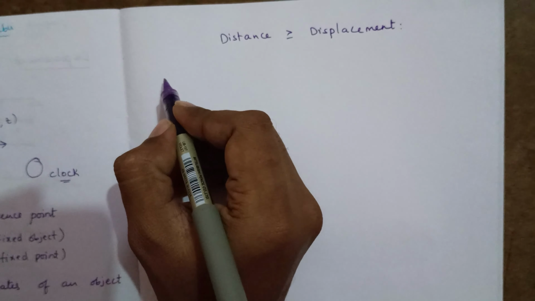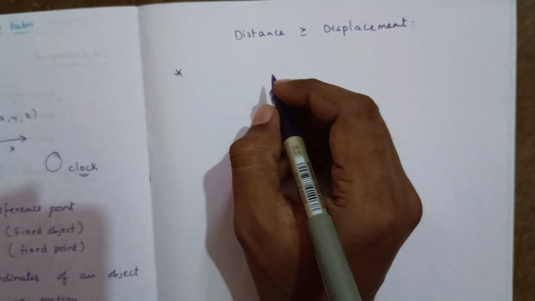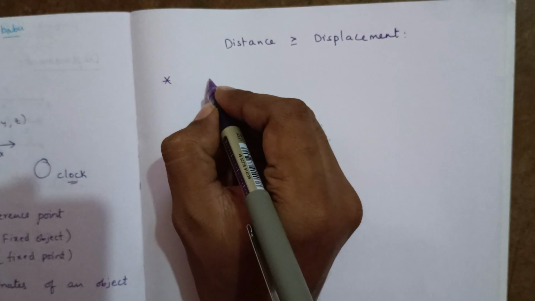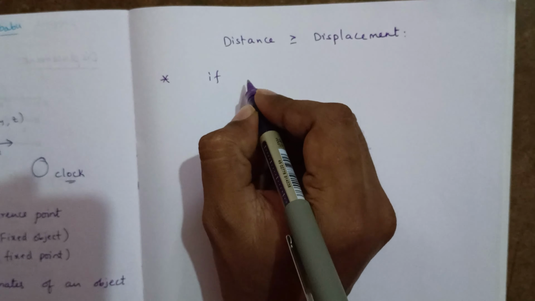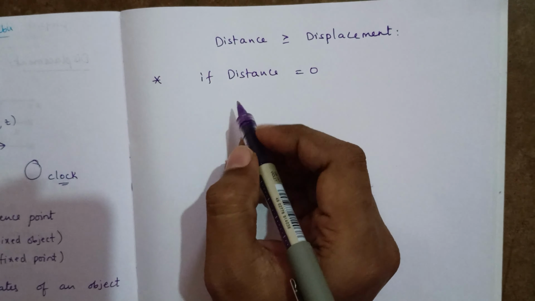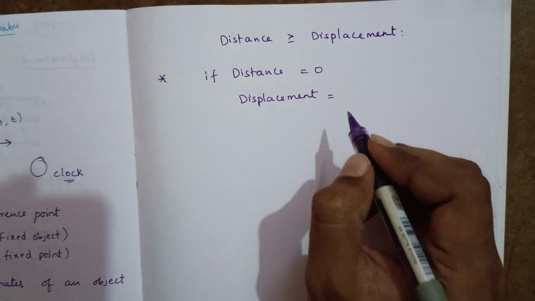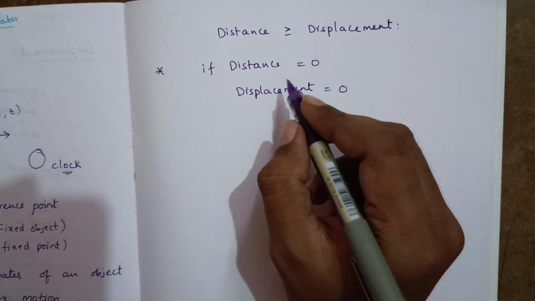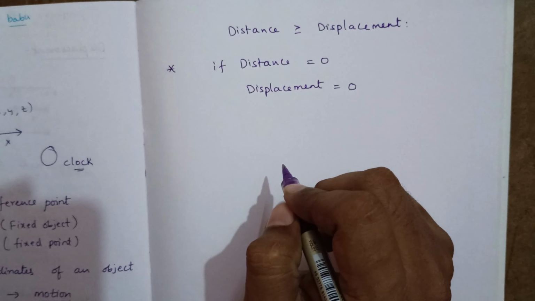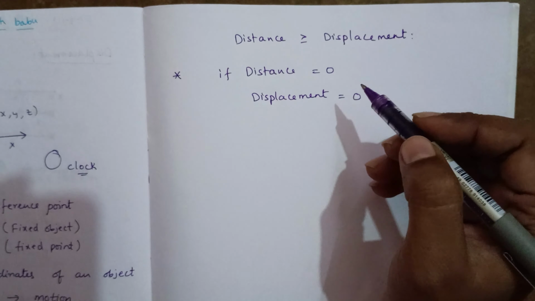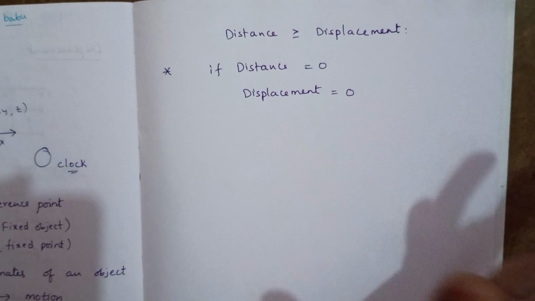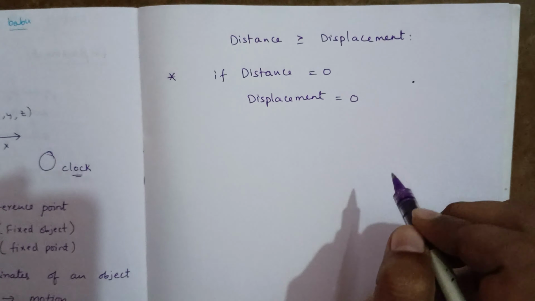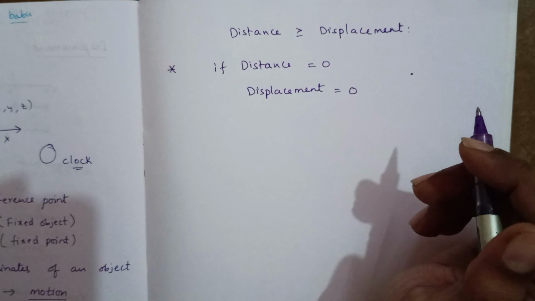Now we have some situations. If distance becomes 0, what is its displacement? Displacement must be 0. If distance is 0, the body has not changed its position, it is at the same point, so displacement is also 0.